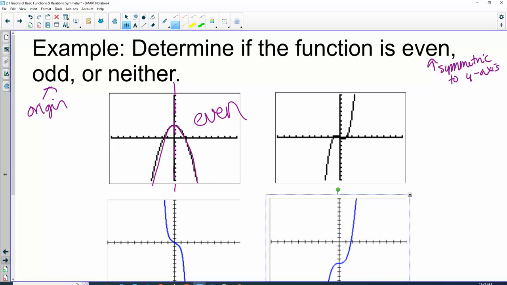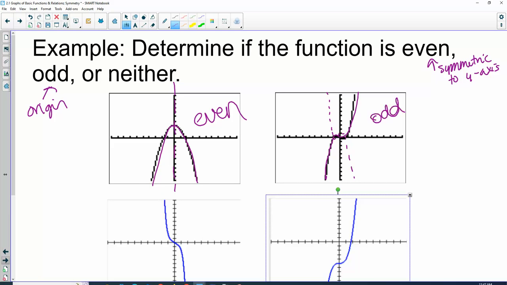Okay, second one. If it's symmetric to the y, that means if I fold it over the y, it would look like this. So it's definitely not even. Odd says you flip it over the y and over the x. If I take that dashed line and fold it over the x, it overlaps my original. So that is odd.